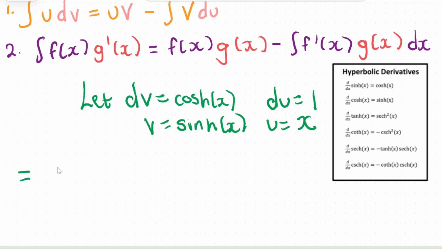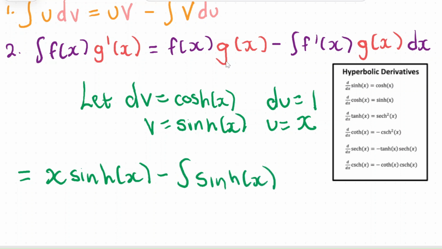So let's just substitute the values. x sinh of x minus the integral of v, which would be sinh of x, times du, which would be 1. Perfect. So that would give us x sinh of x minus.